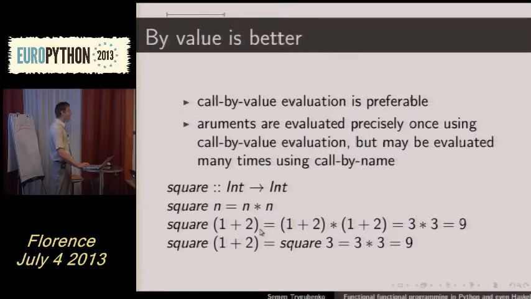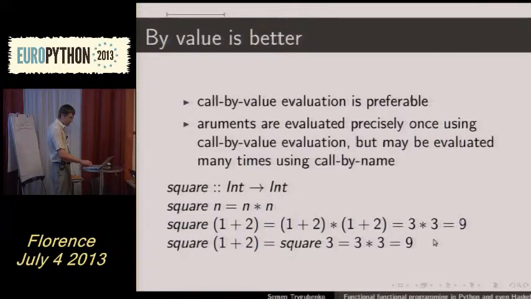If we pass 1 plus 2 to it, what will happen in by name is that we first expand square, and we have to pass 1 plus 2 twice to it, and then it will get executed to a point where there is nothing left to expand. Then we have the same computation twice, evaluating the first argument, then the second.